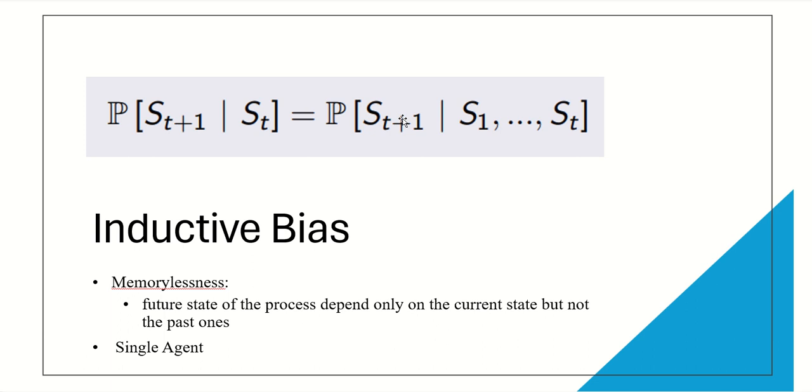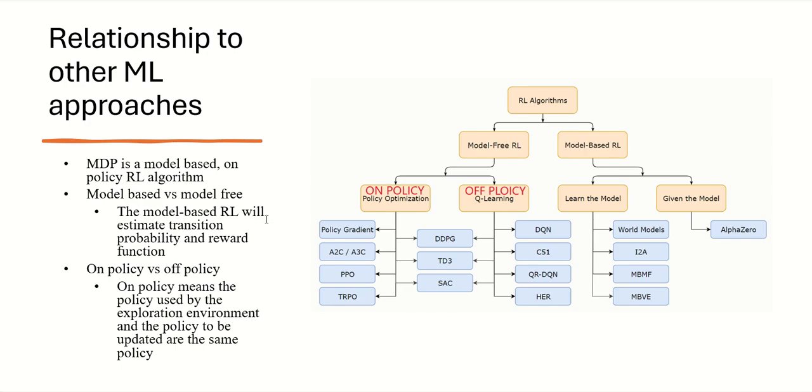So the future state ST plus 1 is not dependent on states from S1 to ST-1. Another assumption is that the traditional MDP only assumes a single agent, so there's no cooperation and no competition.